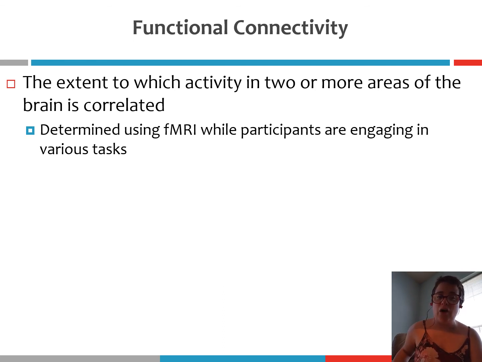So using something called functional connectivity, we can put people in a brain scanner while they're engaging in various cognitive tasks, and we can measure the extent to which activations in multiple brain regions are correlated, right? So if activation in multiple brain regions are correlated, that would again be evidence that rather than isolating this particular cognitive process to a single brain region, we can talk about multiple brain regions being activated at the same time and being implicated in that process.